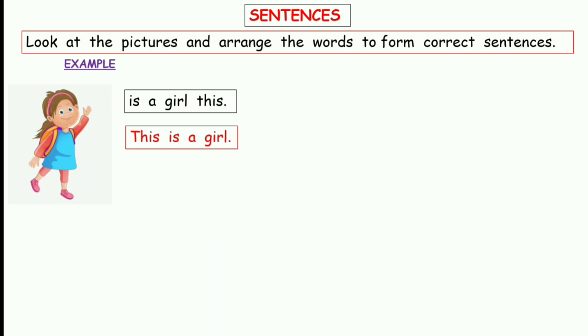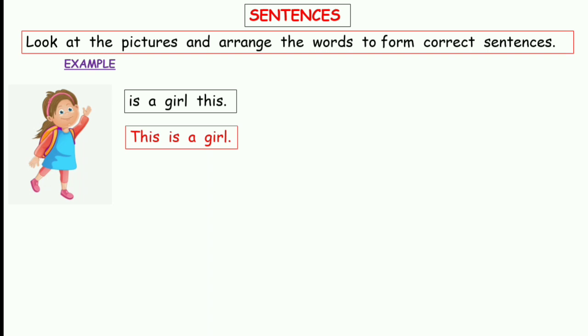Now I have written it as this is a girl. And this sentence, which is in red, is the correct sentence. The one which was in black was incorrect. Now, one more thing you need to remember, children, is whenever you write a sentence, you must begin with a capital letter.